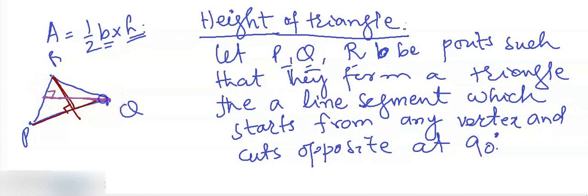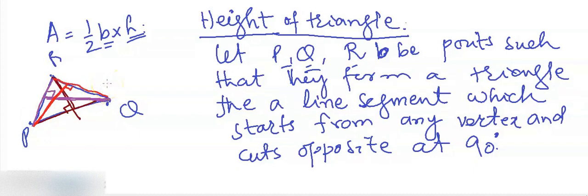So this is also going to be height, and when this is height, then this PR becomes my base. Similarly, you can have height from P, which starts from P and cuts the opposite side at 90 degree. So in this case, this is also height, and then QR becomes my base.